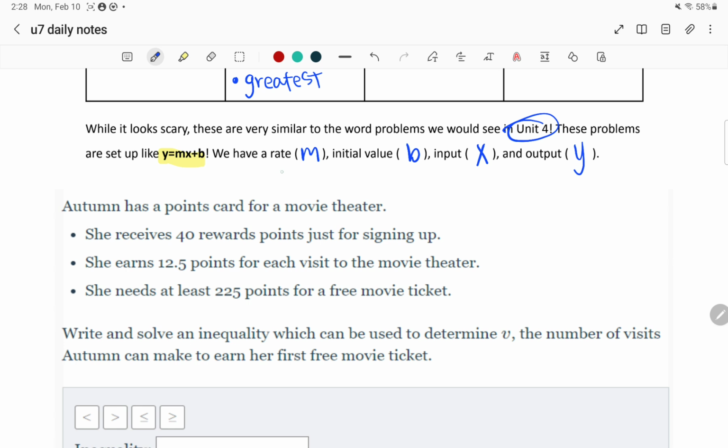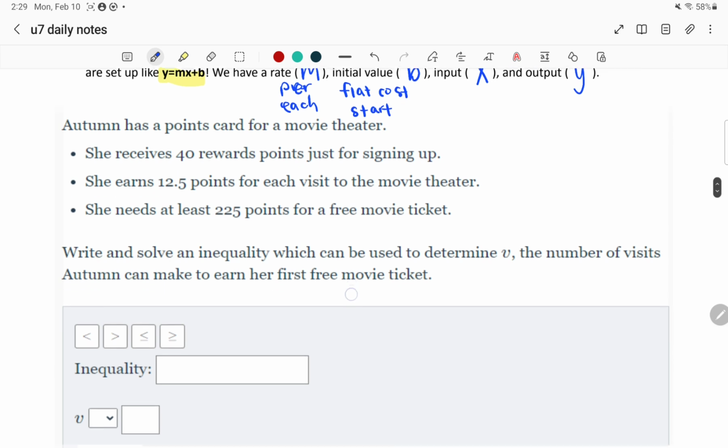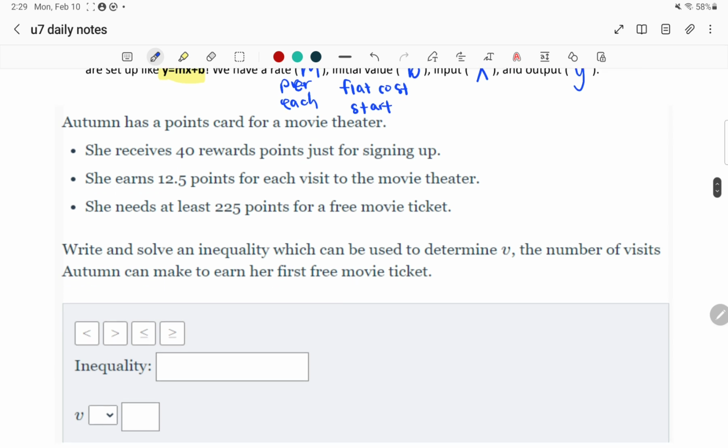So remember, for a rate, we would often see the word per or each, stuff like that. For initial value, we would see like flat cost. We were looking for the starting value, or something like that.